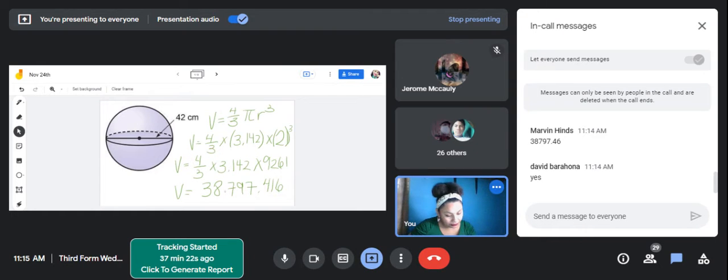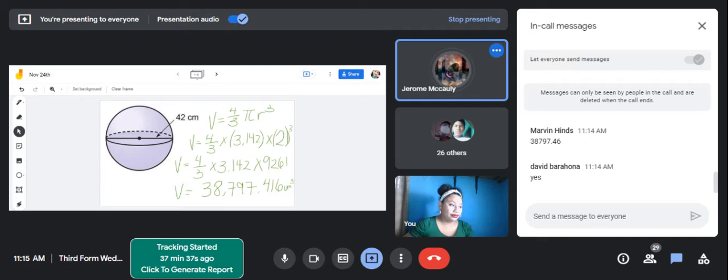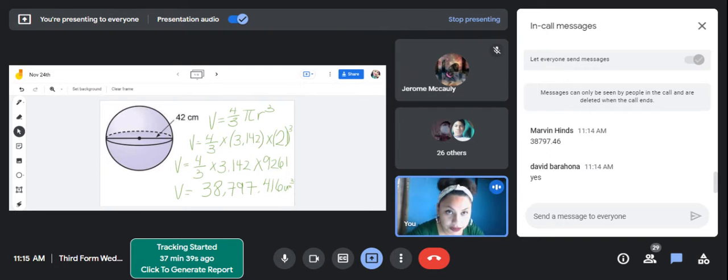Okay. Units? Centimeters cubed. Centimeters to the power of 3. And there you go. Any questions? No, miss. Good.